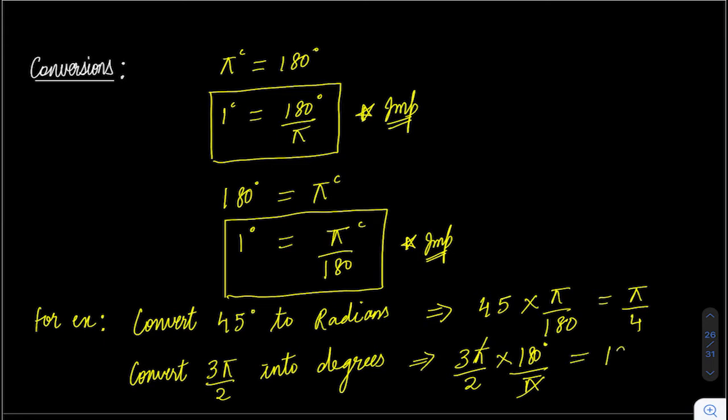This will be, sorry, 270 degrees. We just have to remember these conversions, 180 by pi or pi by 180. Whenever you convert into radians, pi will come on top, and whenever you convert into degrees, 180 degrees will come on top. This helps you convert degrees into radians and radians into degrees faster.